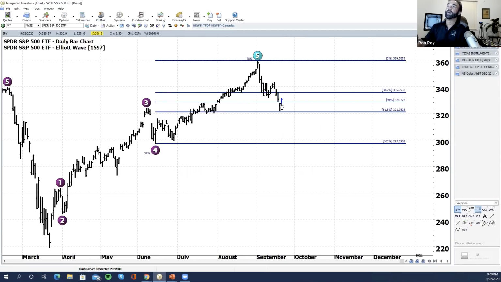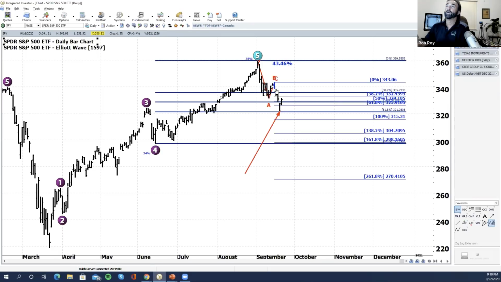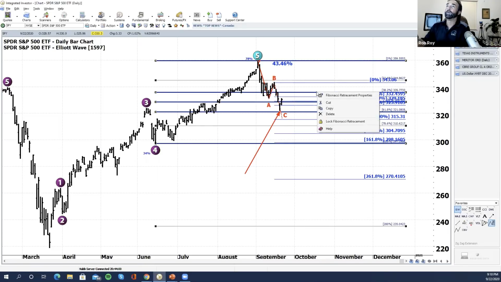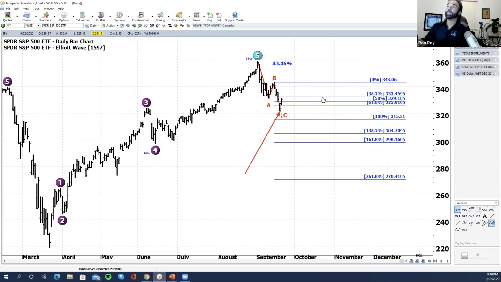You can see that yesterday we came down and tapped this 61.8% fib corrective retracement level, and this zigzag pattern has potentially a little bit more to go. But the fact that we've come to this 61.8% corrective level was a likely point of support, and we looked for a bounce from this point, which is exactly what happened.